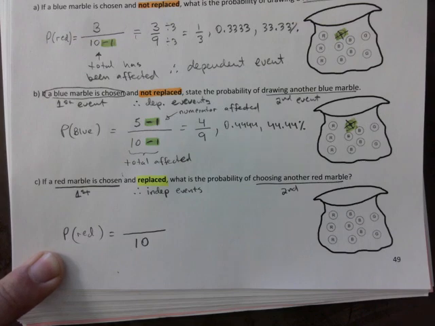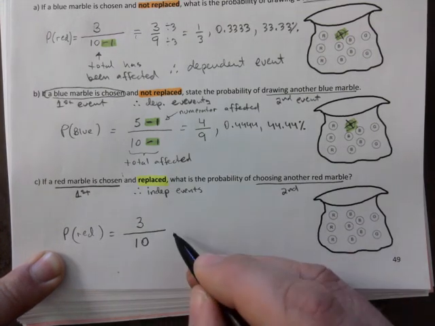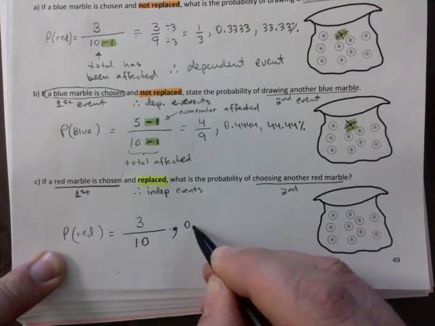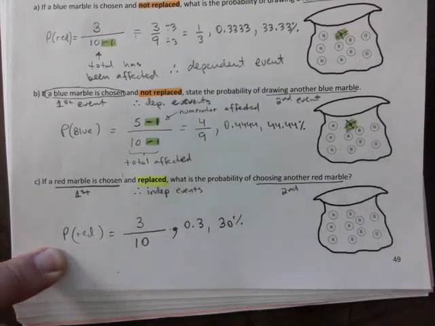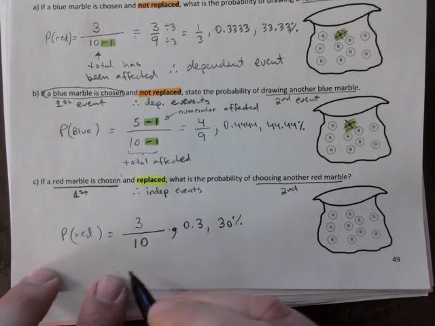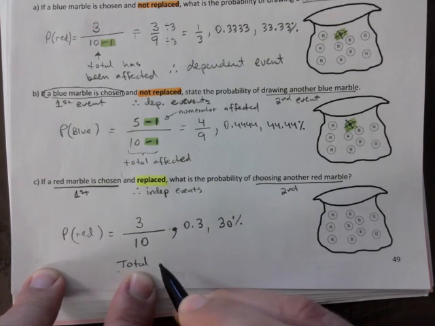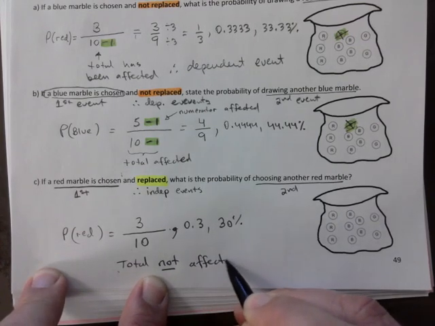We still have 10. And we just look at how many reds. There are 3 reds, right? That cannot be reduced. We're just going to go 0.3, which is 30%. Okay. Total not affected.